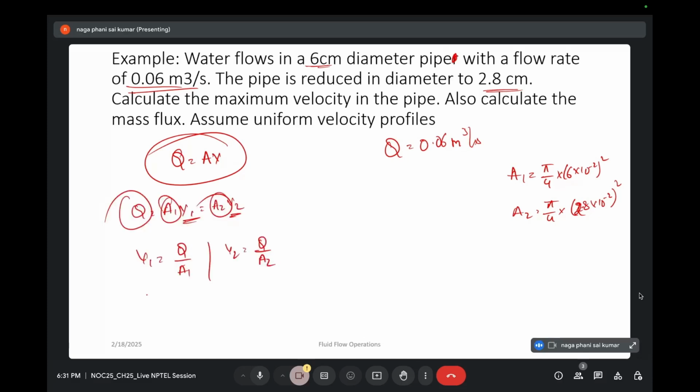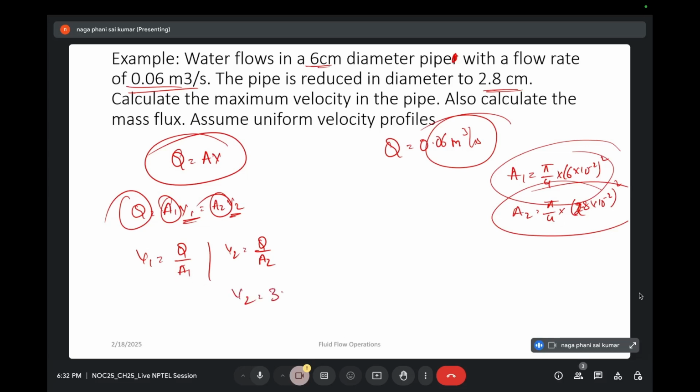Substitute the values, and if you do it properly, we will get V2 as 32.5 meter per second.